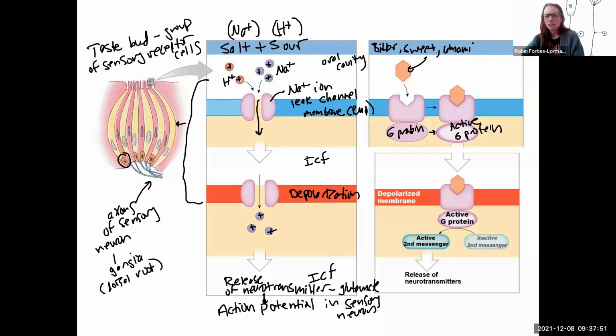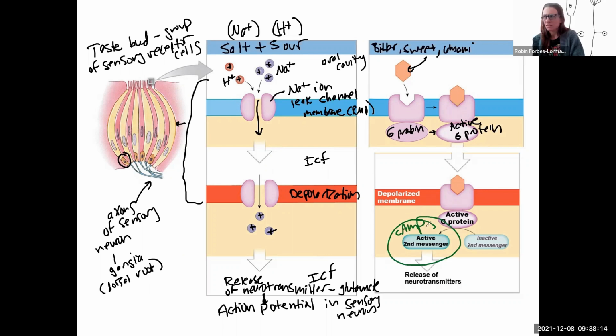This is going to, actually I'm going to draw in, I'm going to add one color here. This is going to activate the second messenger, right? That's the result of activating this G protein. Activated second messenger, for example, cAMP, right?